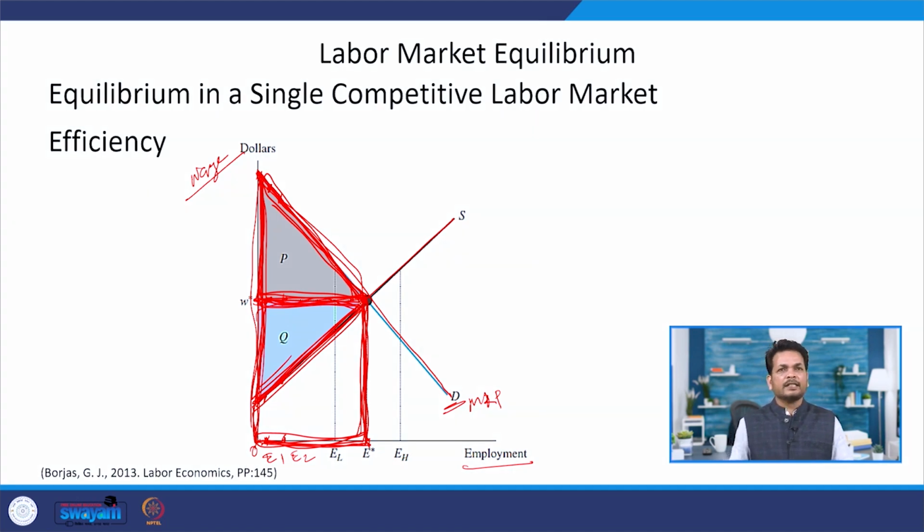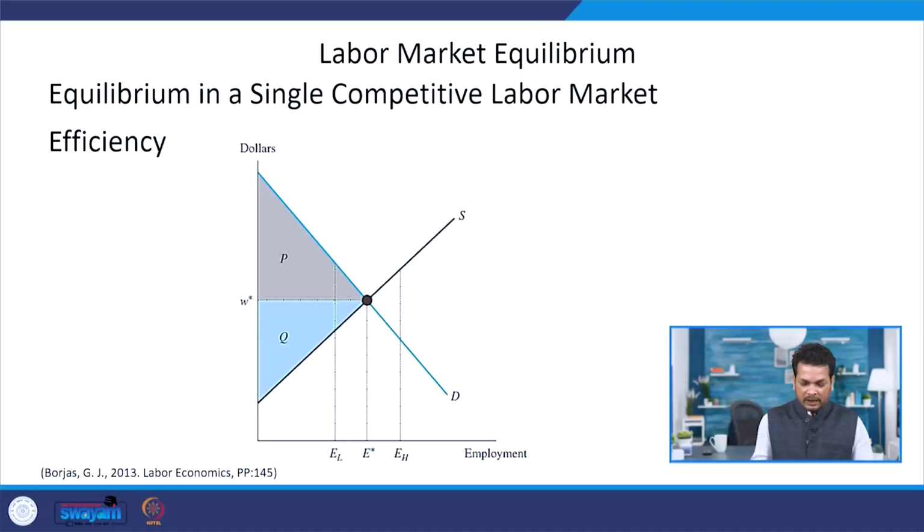So, the total gains from the trade occurring in this national economy are given by the sum of the producer surplus and the worker surplus, so the area P plus Q. The competitive market maximizes the total gains from the trade occurring to the economy.